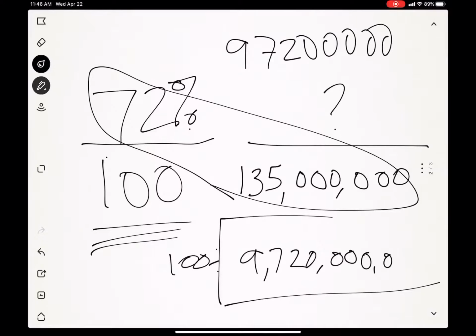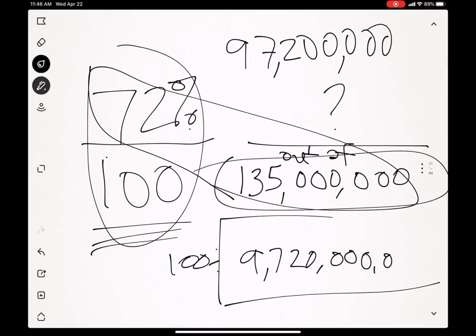That leaves me with 97,200,000 women. This is my total, my 100%. Out of 135 million, 97,200,000 women use Facebook.